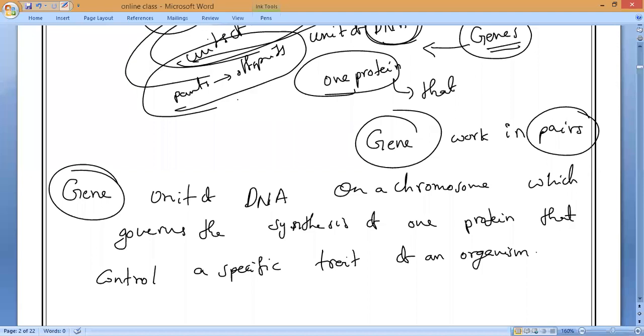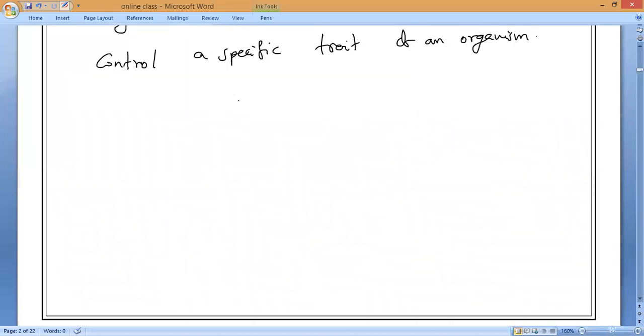So to identify, for example, color, height, eating habits, color of the eyes, color of the skin, everything, each gene will have a separate representation. The gene which specifies a particular character will be represented by alphabets only.